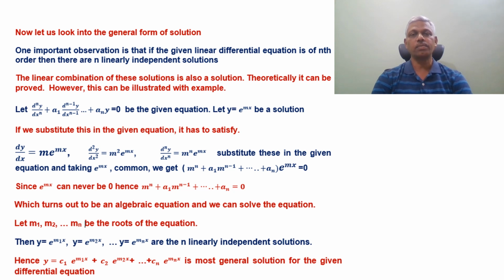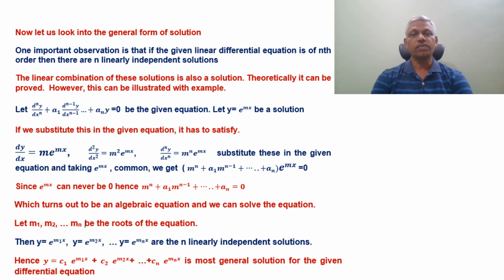One is m^n plus a1 m^(n-1) and so on plus an. The other term is e^(mx). By the properties of the exponential function, e^(mx) can never be 0. So the product of the terms is 0 and e^(mx) can never be 0, so the only possibility is m^n plus a1 m^(n-1) and so on plus an is equal to 0.